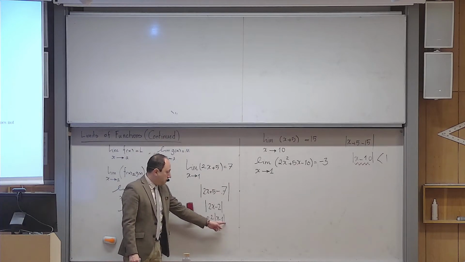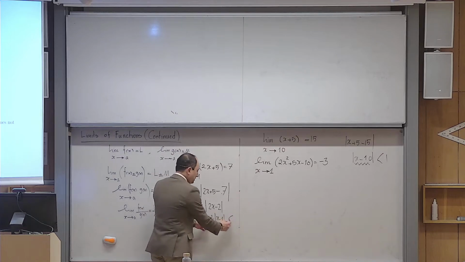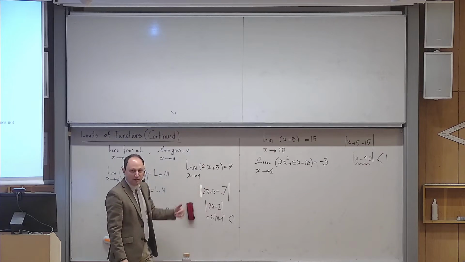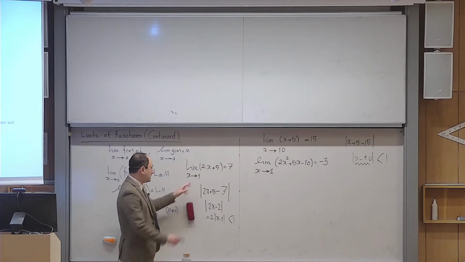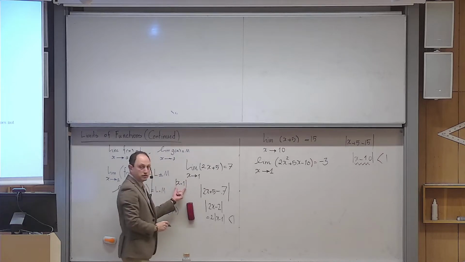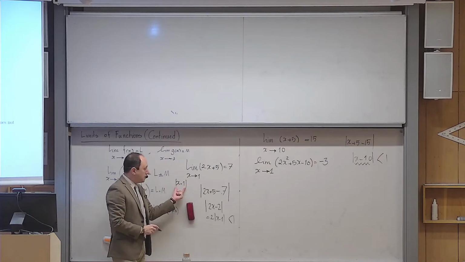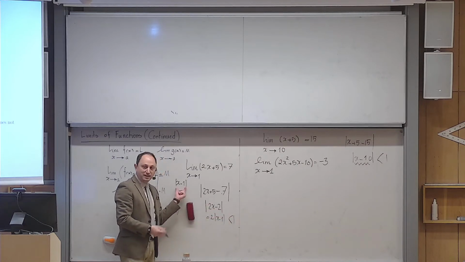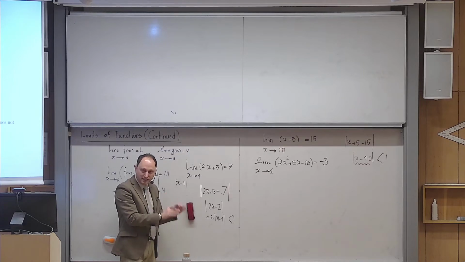Can I make this smaller than 1? The answer is yes, but your distance from 1 should be smaller than half. Because what is the distance between x and 1? It is this distance. Can I make this distance smaller than 1? Yes, but I have to make the distance from x to 1 smaller than half, at least.